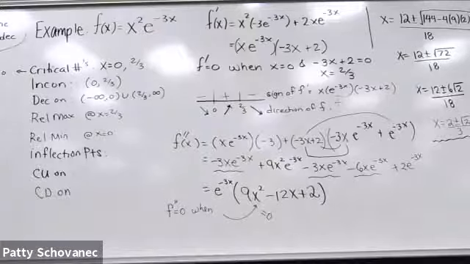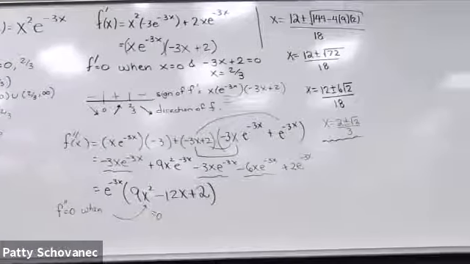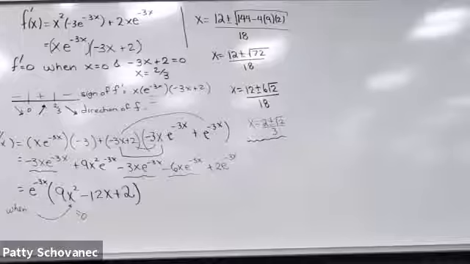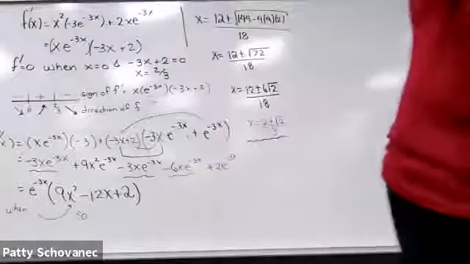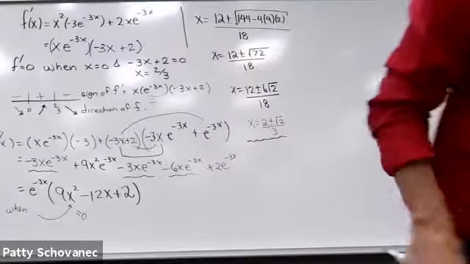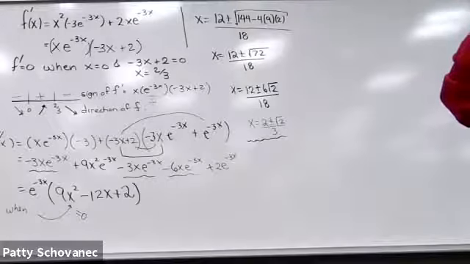2/3-ish, right? I have those as decimals somewhere. Let's see if I work this out, I've got decimals for these. The smaller one is about 0.2, and the bigger one is about 1.1.